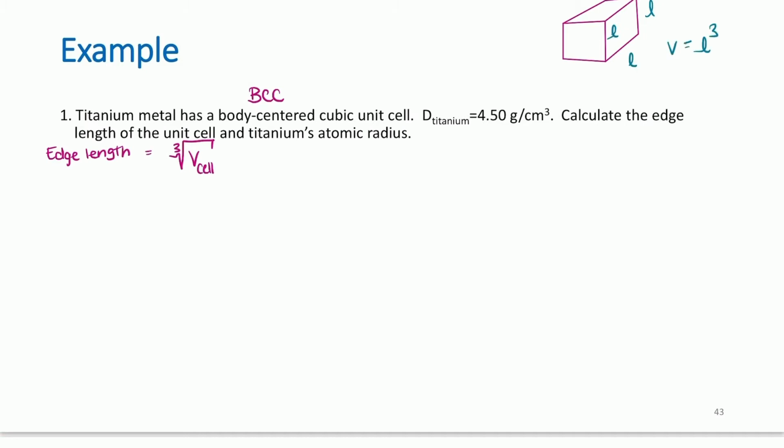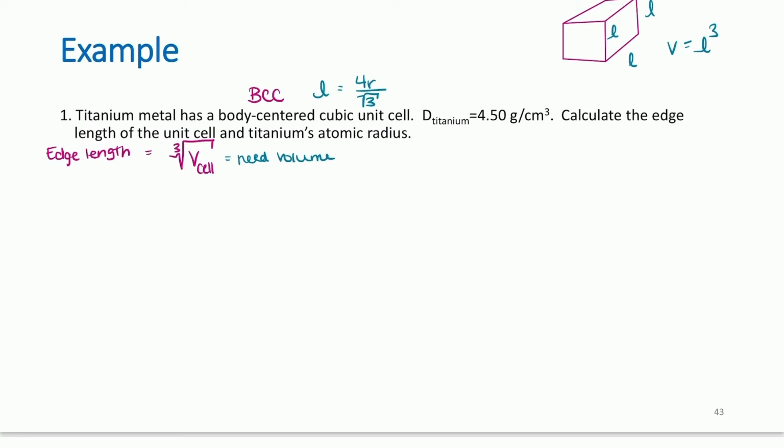Volume is equal to L cubed. So if I want to find the edge length, I need volume. I also know, because it's body-centered cubic, that L is equal to 4R over the square root of 3.